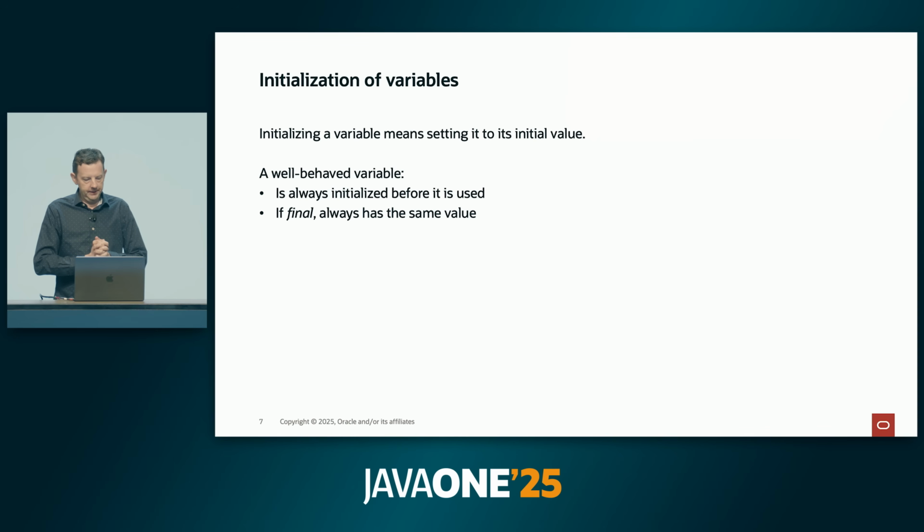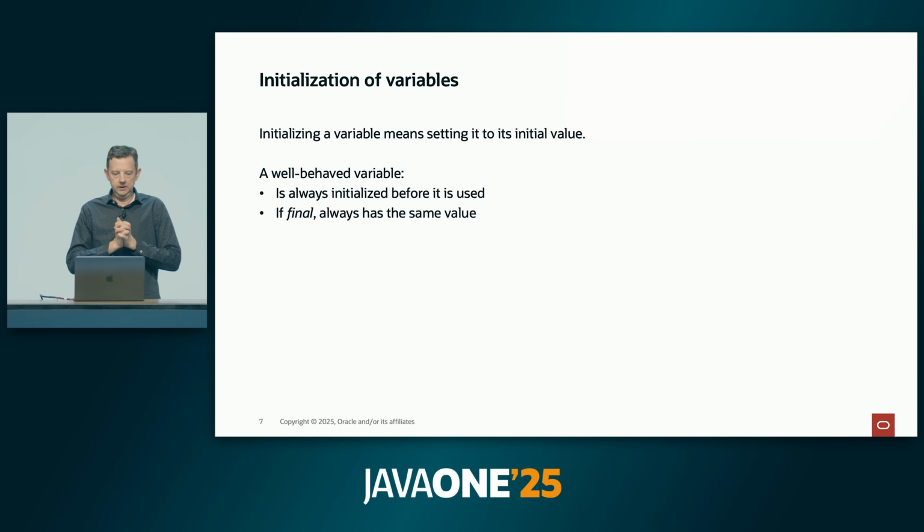So initializing a variable, that means setting it to its initial value. This one's pretty straightforward, I think. So a variable exists, initialize it by assigning something to it, now it's initialized. A well-behaved variable is always initialized before it gets used. If you try to read it before it's been initialized, then you're trying to read a larval value.